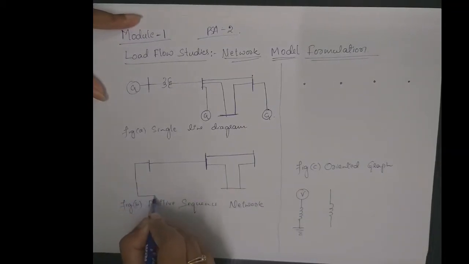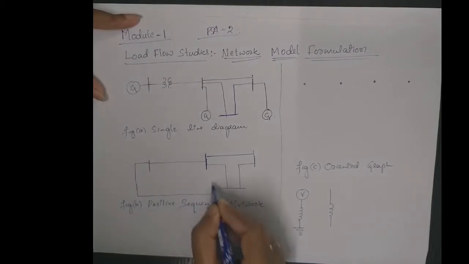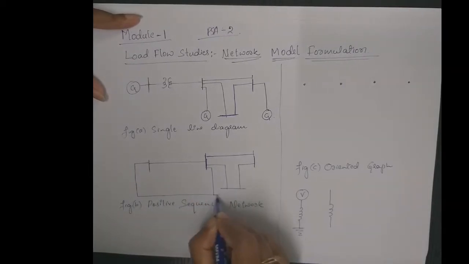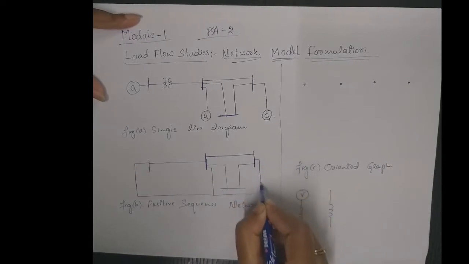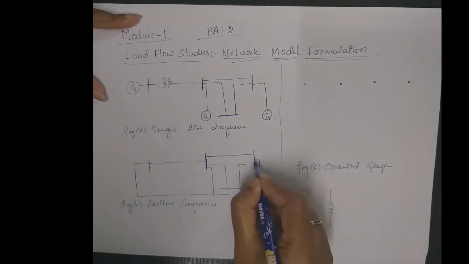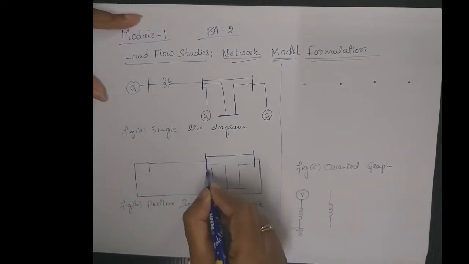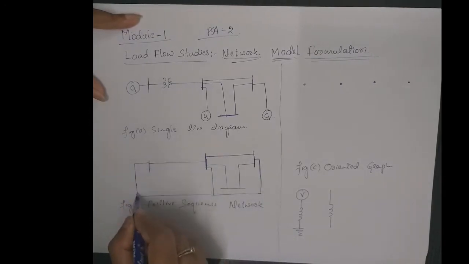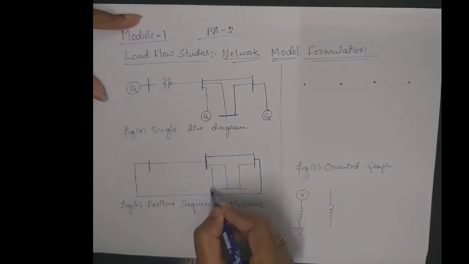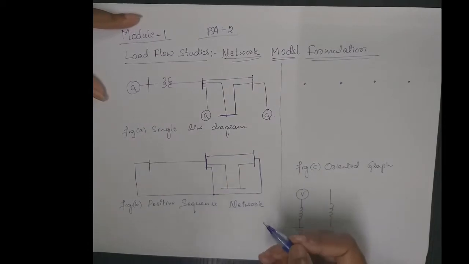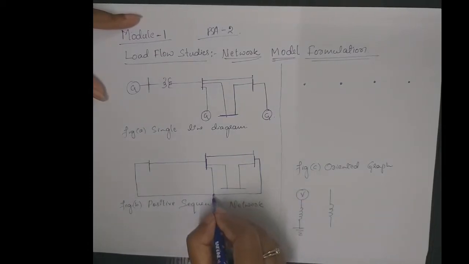So we are going to connect all the generators to the common point, so that this generator is connected here, this generator is connected here, and this generator is connected. All the generators are connected to the common point. So this is grounded now.